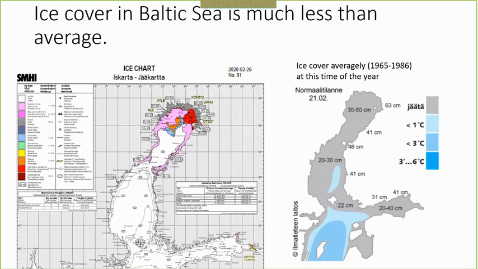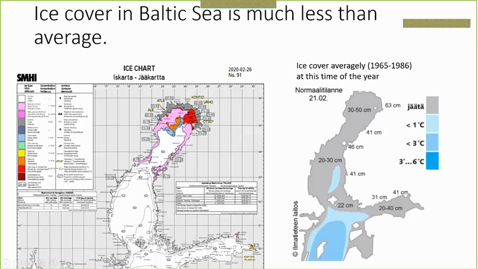On the right side image, you can see the ice cover on average at this time of the year, and on the left side we have the ice chart at the moment, and as you can see, we have fast ice with the grayish colors here, only in the very northern parts of the Bay of Bothnia here.